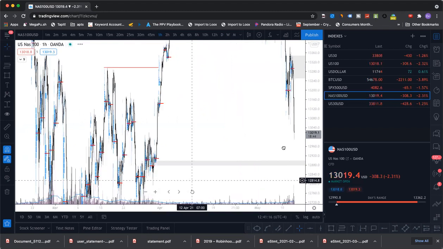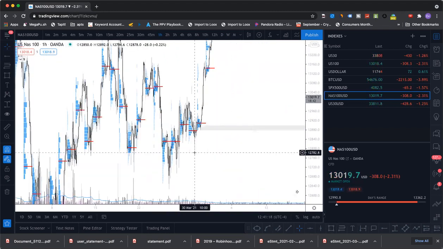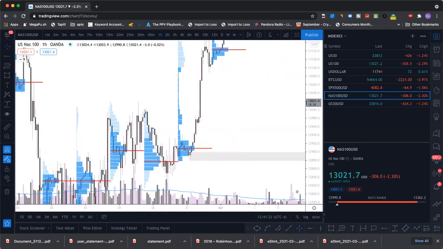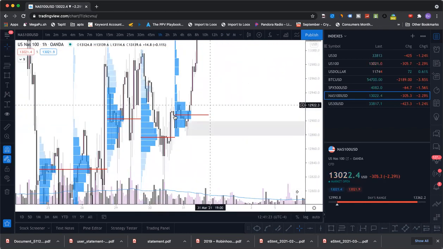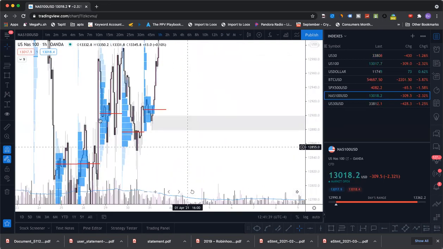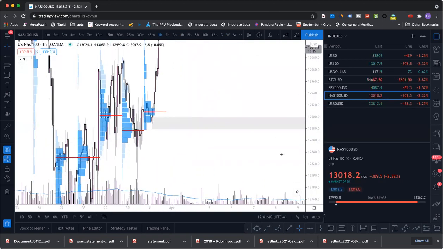But right now, for example, in this area we have a POC. We have multiple points of control in here, so there were a lot of transactions going on where we can possibly pick up some orders to continue to the upside. That's why I use volume point of control, but that's for another video.